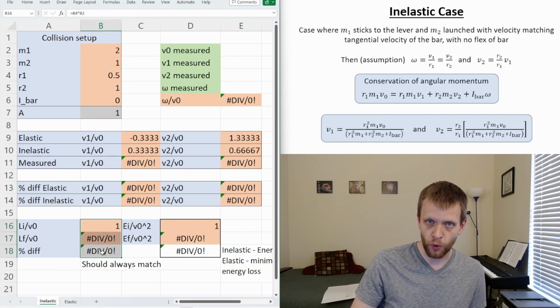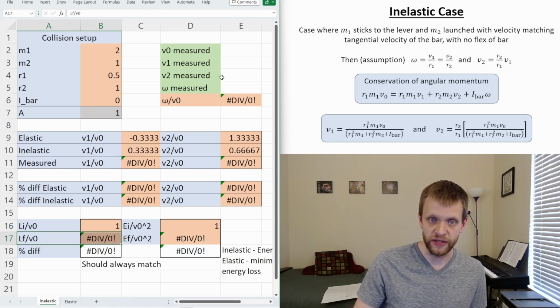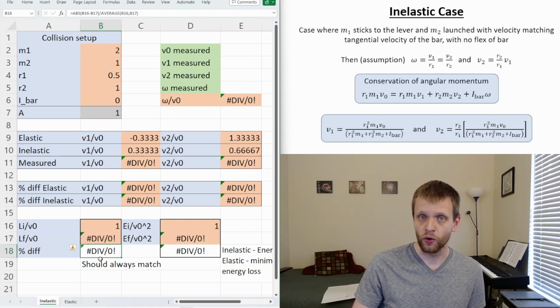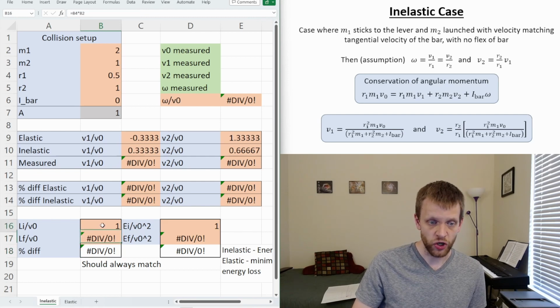And most importantly, and again, this is key, this is the initial angular momentum. This is going to give us our final angular momentum after we actually put in the specific numbers. And we're looking for, is this angular momentum being conserved? So for all of our cases, this angular momentum should be conserved.